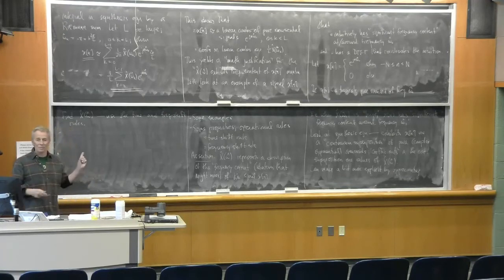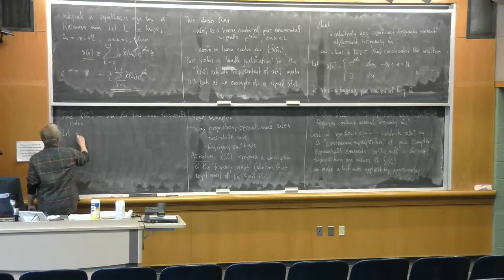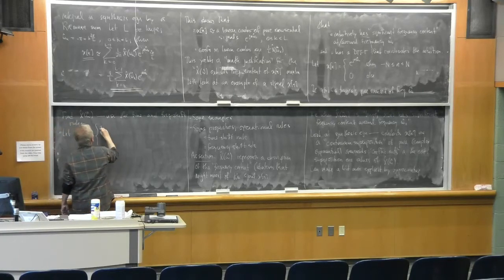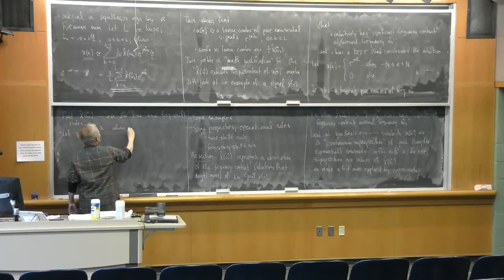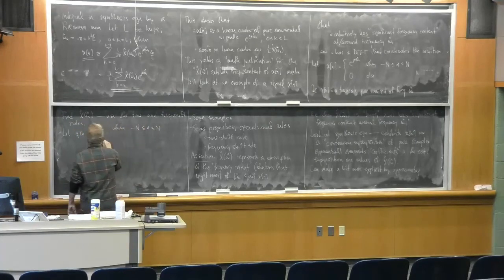Okay, plus an example from last time. What was the example from last time? It was that pulse of length capital L. So first let q of n equal 1 when minus N is less than or equal to n less than or equal to N, and 0 otherwise.